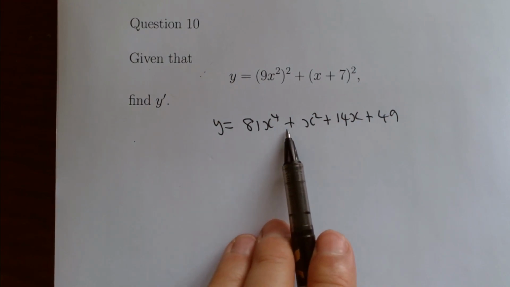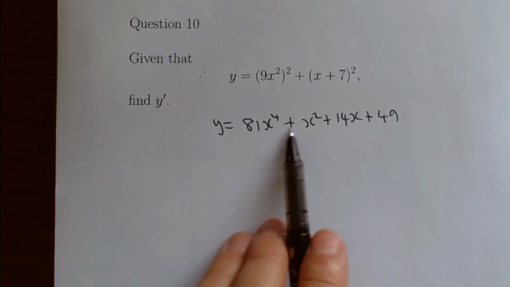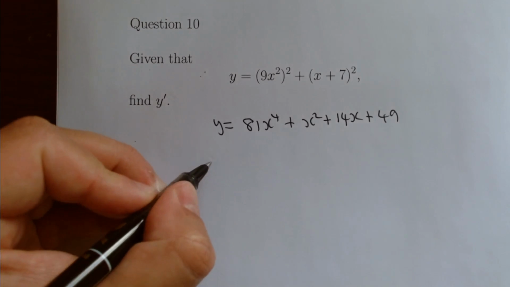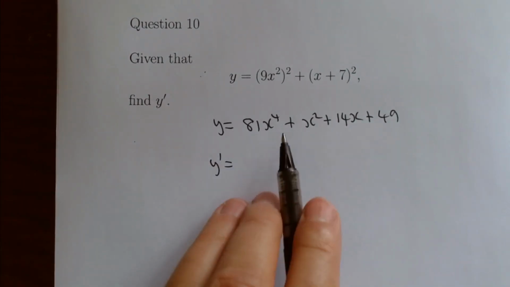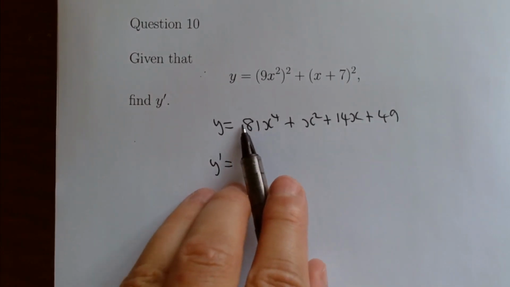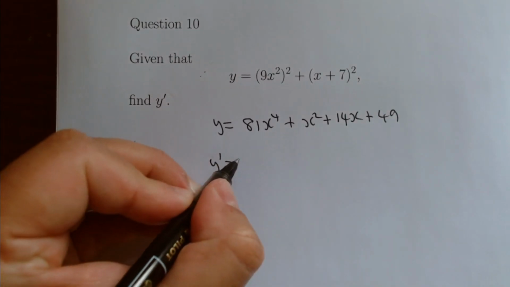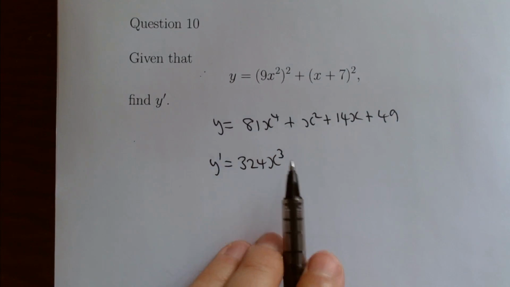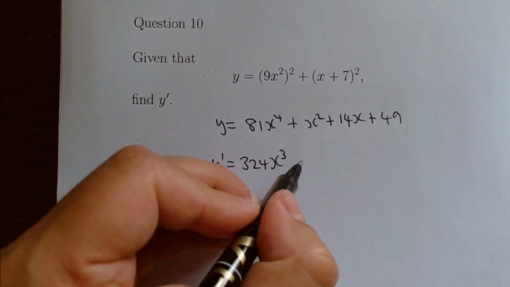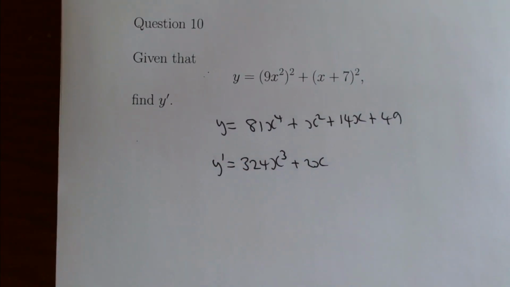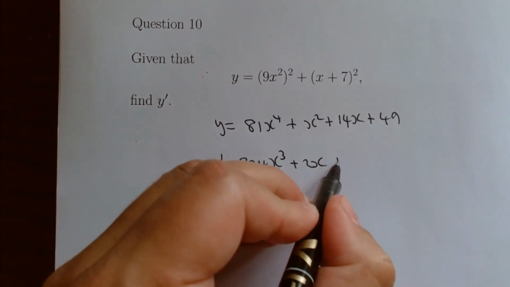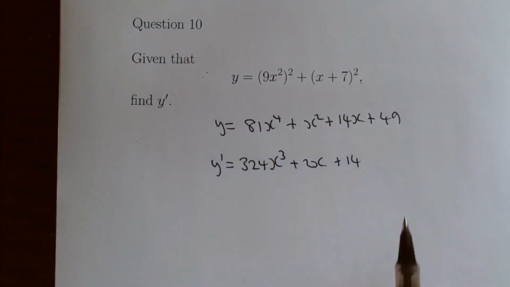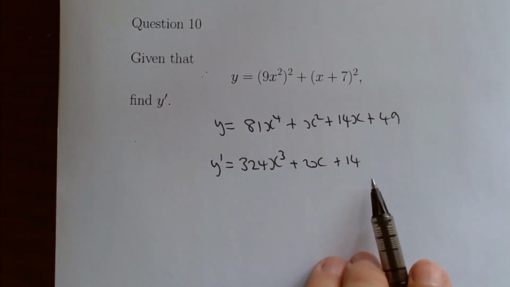And there's no like terms, so we're ready to differentiate this. So y dash, 4 times 81, that's 324. That becomes a 3. x squared becomes a 2x. The 14x becomes a 14. And the plus 49 becomes 0.